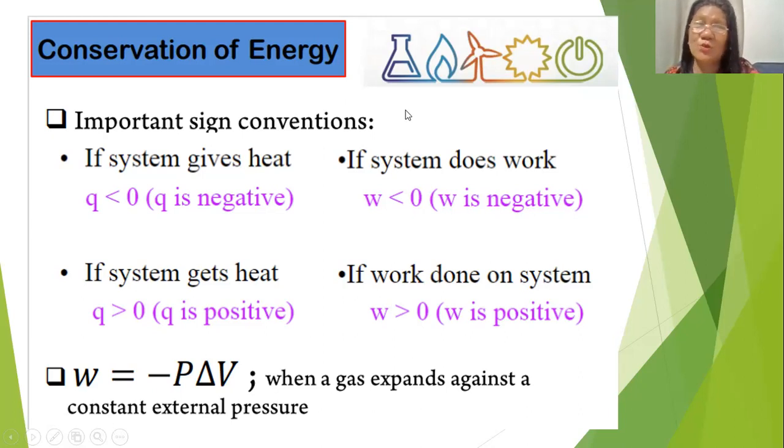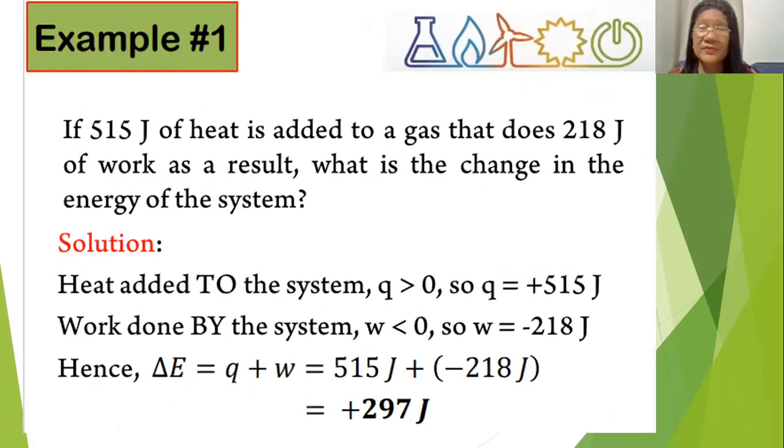Ang manifestation nato sa energy is heat, diba? Then work and the pressure volume work. So work applied with the negative pressure and the change in volume. This is applicable when applied in expanding of the gas. Okay, that's it. So let us apply now this.